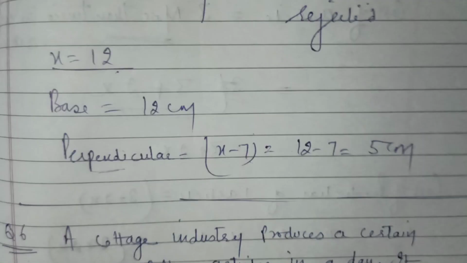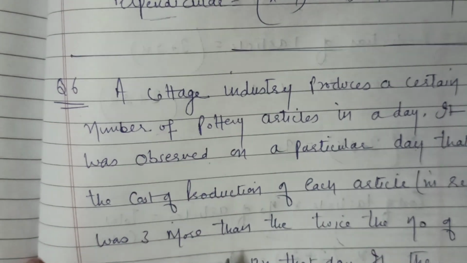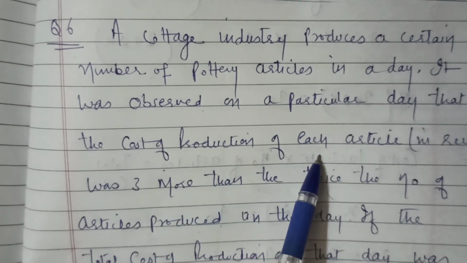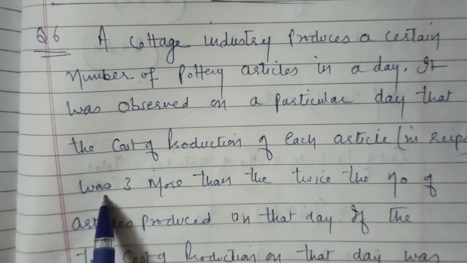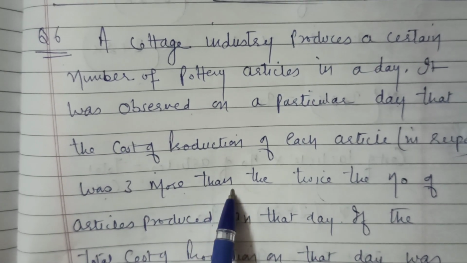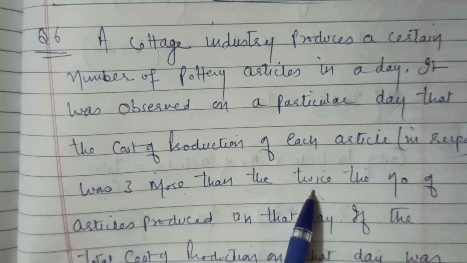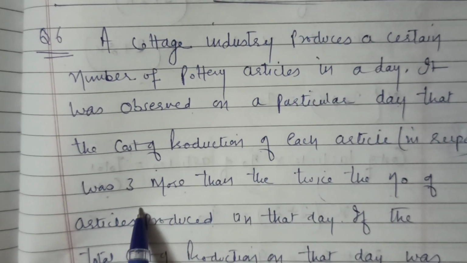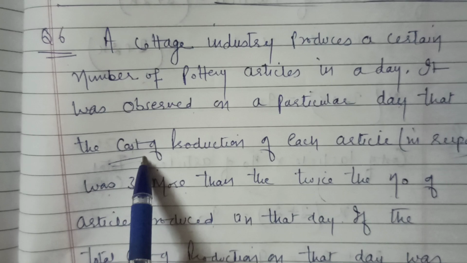Now in the statement it is clearly given to you the cost of production of each article was 3 more than twice the number of articles.